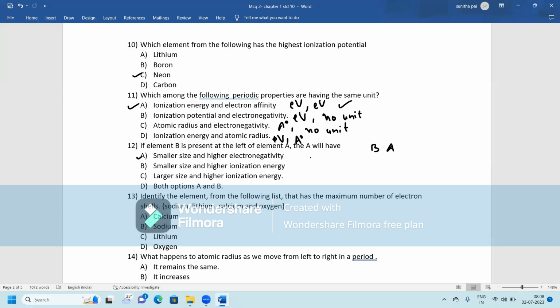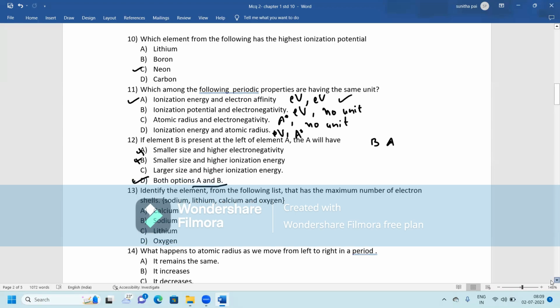Smaller size, higher ionization energy. Smaller size, A has a smaller size, true. A has more ionization energy, that is also correct. So I'm finding both A and B correct. Larger size, no, wrong. Look at option D, both the options A and B. So my answer here is, not A, not B, but the answer is D.